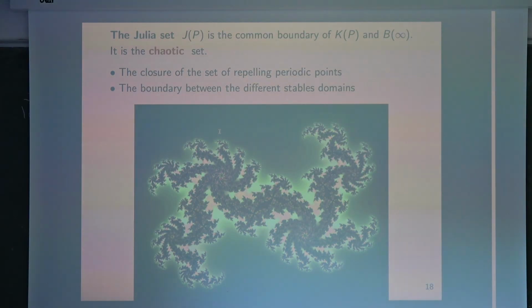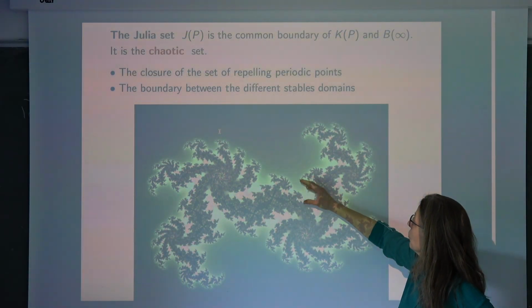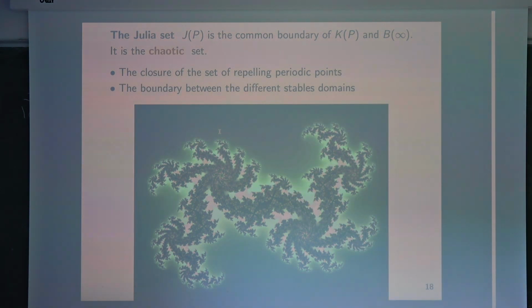Okay, and what they prove is that it's the boundary between different domains which are stable. So this is part of the definition, but also the Julia set. So here I didn't define repelling.